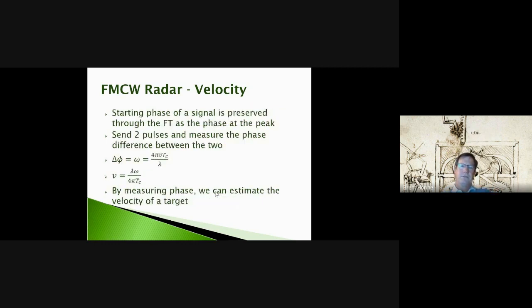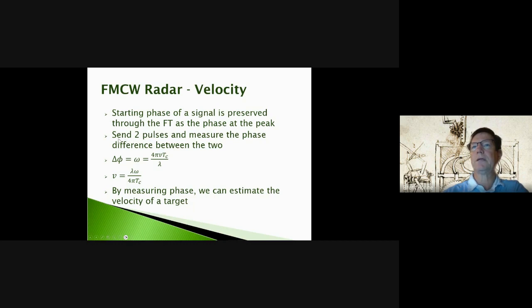It turns out the starting phase of a signal is preserved through the Fourier transform as a phase at the peak. So we can get an estimate of the phase of this IF signal by looking into the Fourier transform at that peak.